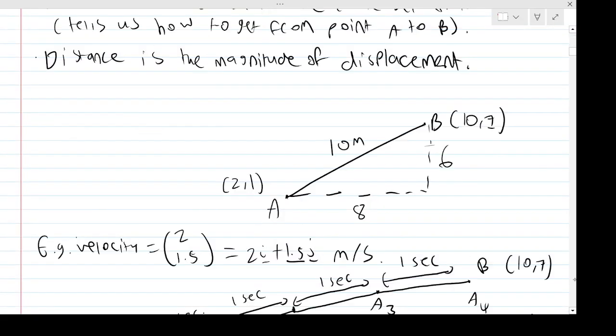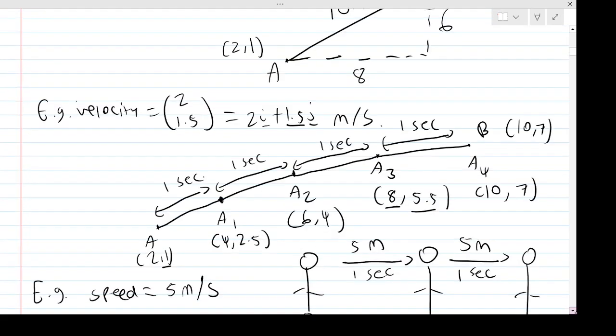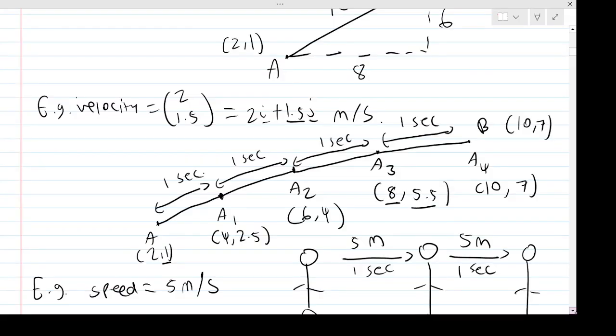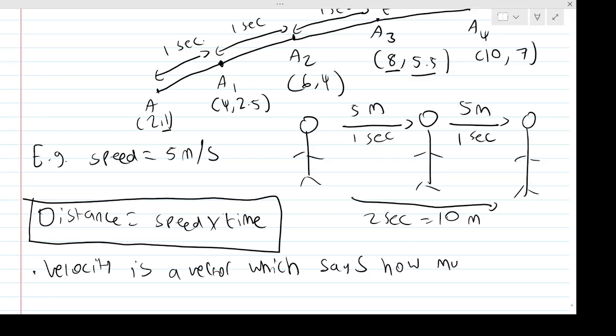But my velocity, because it's per second, tells me how much I need to move every second, or for every unit time. So that's the difference. And so velocity is a vector again, which says how much I need to move by every time t.